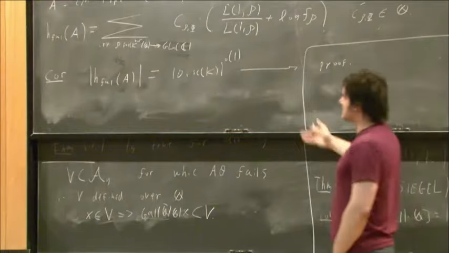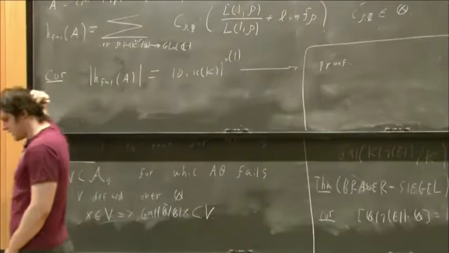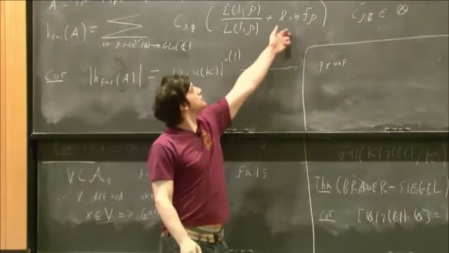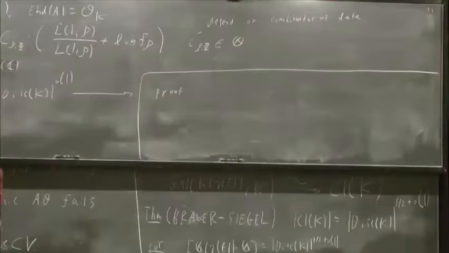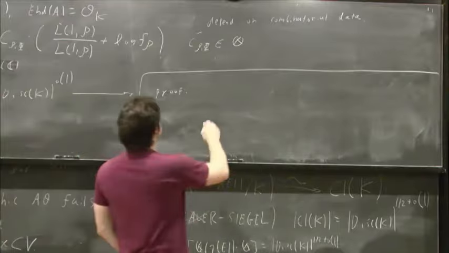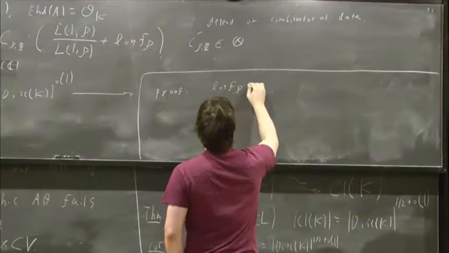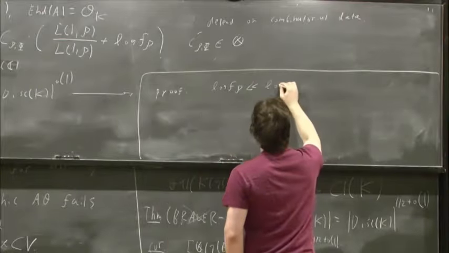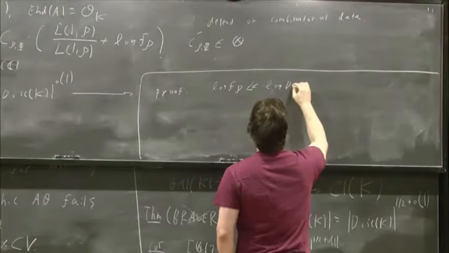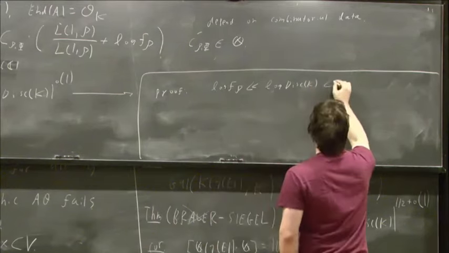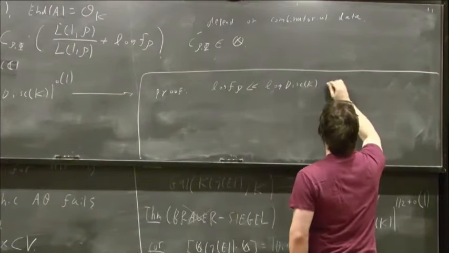Because these constants only depend on combinatorics, there's finitely many possibilities for them. So if I just show you that all of these terms are small, then that'll show that their sum is small as well. And the proof is the following. The Artin conductor is bounded by some power of the discriminant of K, and log grows subpolynomially.